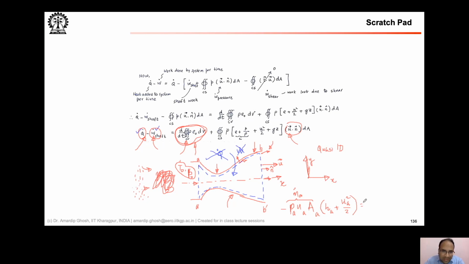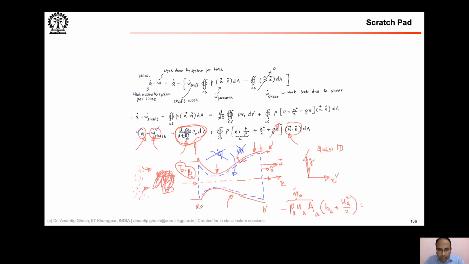So now we are neglecting the effect of g and z, because first of all, you can see that they are at the same height, although given our coordinate system is slightly different. But for aerodynamics problems, you understand the sense of this. If this were a liquid problem, perhaps a change in z would be significant. However, here in gaseous flow problems, we will neglect this contribution from the potential energy.